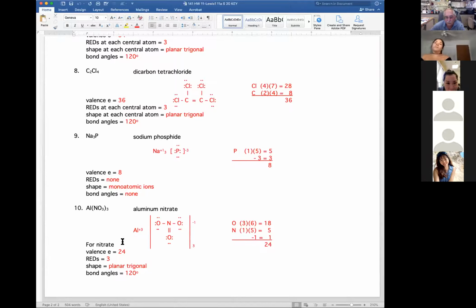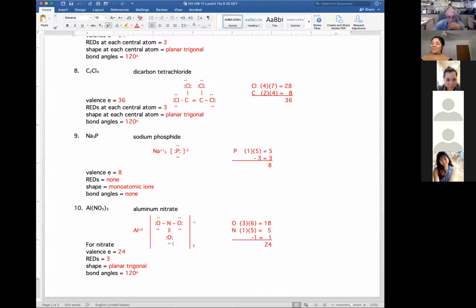Do you know why there's a double bond there? Don't you need 1, 2, 3, 4? Is there not too many dots on that O where the double bond is? Oh, you're right.